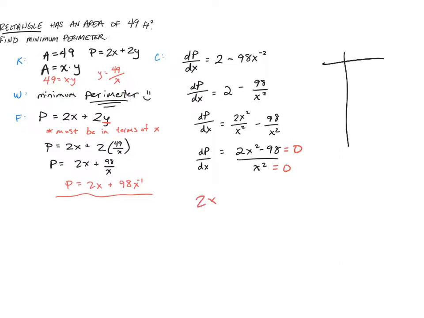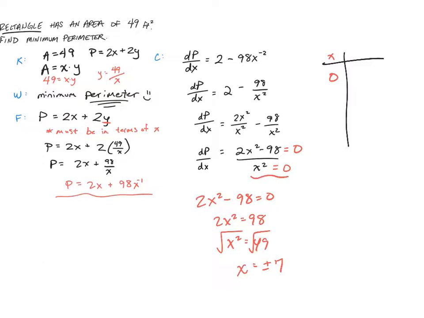Our derivative equals 0 when 2x squared minus 98 equals 0. 2x squared equals 98, and x squared equals 49, and x equals positive and negative 7. That was so nice of you to use a perfect square. I just copied this out of the textbook. And the derivative does not exist when x equals 0. So my critical points are x equals 0, 7 and negative 7.